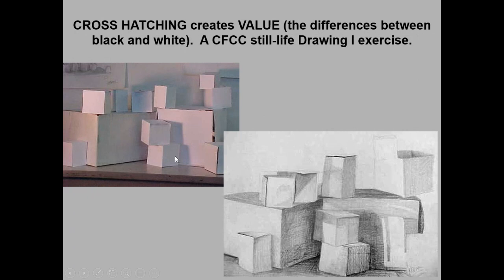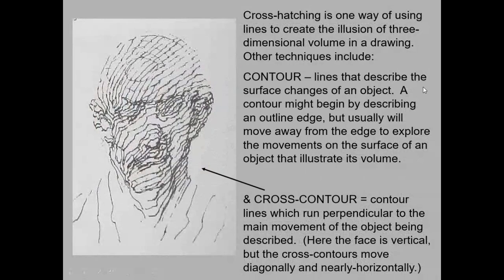So we made a bunch of cardboard cubes, arranged them on a table, and put a directed spotlight on them. We would have light sides, dark sides, highlights, cast shadows, and you can see that the student here has really rendered exactly what you would see very believably simply by using straight lines in hatching and cross-hatching.